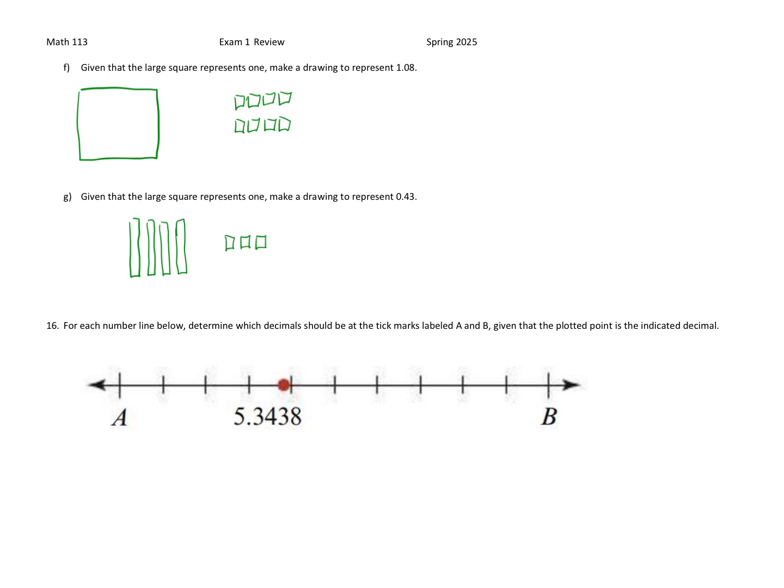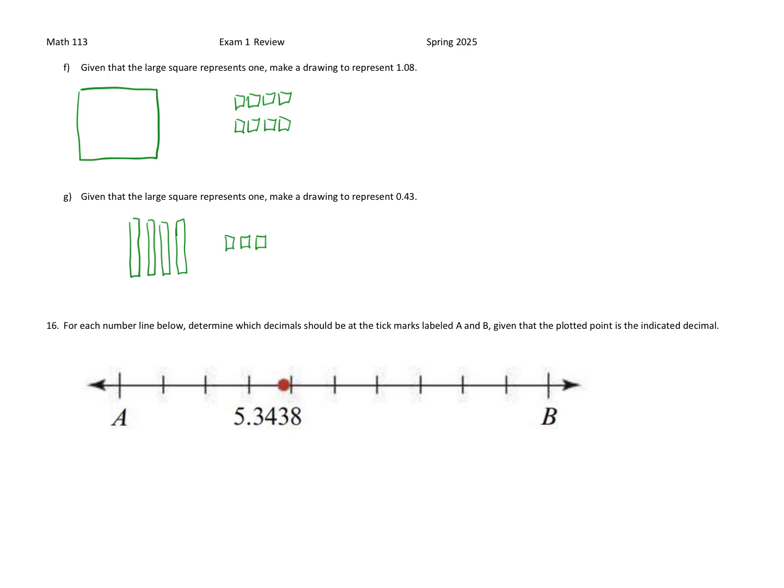Another option would be if the tick mark was 5.34, but if that were the case, then this point would be over on this side because it would only be like 38% of the way to the next tick mark, but it's really, really close to the next tick mark.